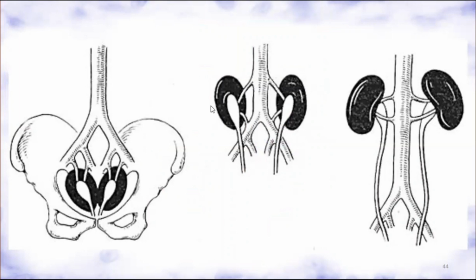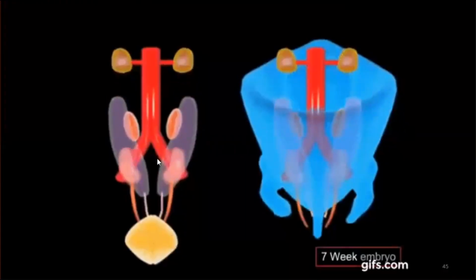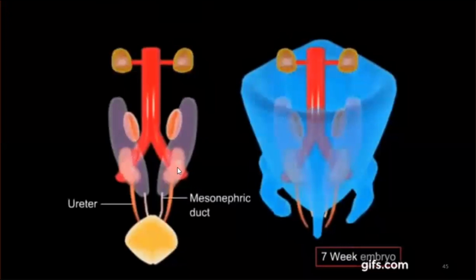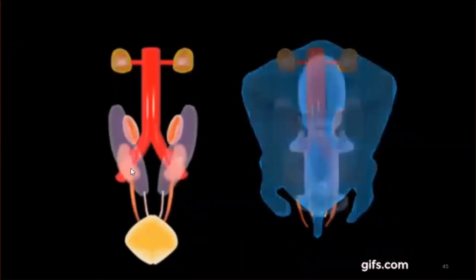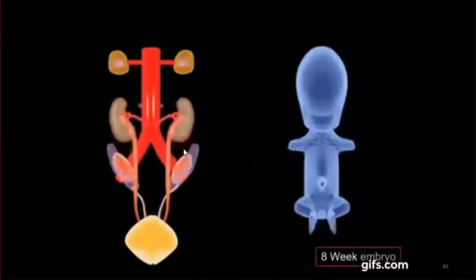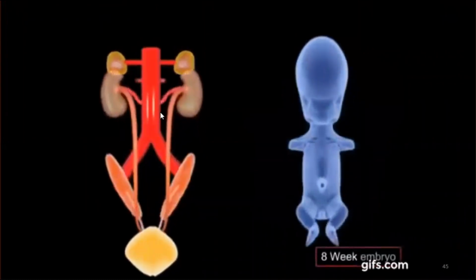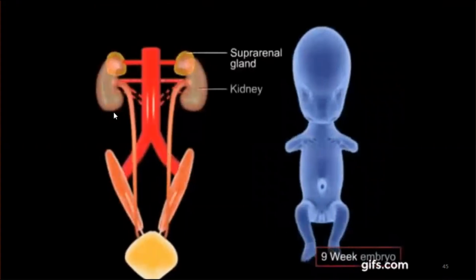They are also rotated by 90 degrees, and here we can see this position. And we can see elevation of kidneys, they are coming to the abdominal region, and they achieve their final position in the embryonic body.